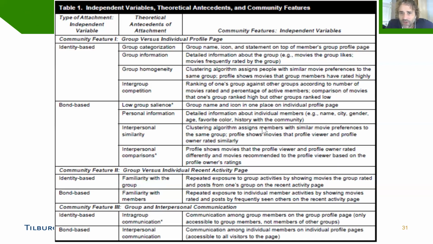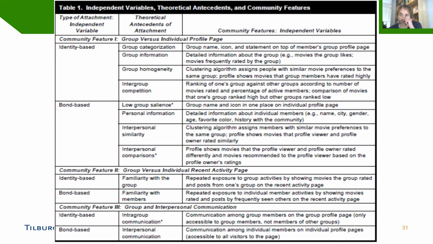And this is really interesting because the last two papers for this lecture are two studies which investigate the effectiveness of common bond and common identity groups on knowledge sharing and participation in those groups. Especially the first investigates networks of practice. The first paper is about a movie community in which they manipulated what people could actually see.